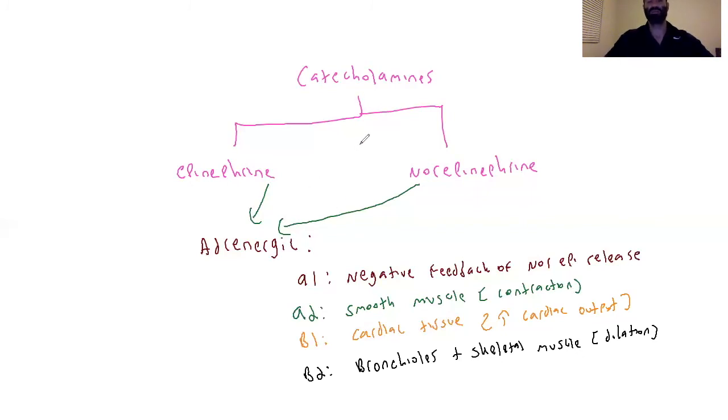Because of course, catecholamines are designed to cause what's called a sympathetic response. So we're seeing that we have the same neuromodulator. However, its actions are different depending on which adrenergic receptor it binds to. And in case you were wondering, adrenergic receptors are examples of metabotropic receptors because they are G protein coupled.